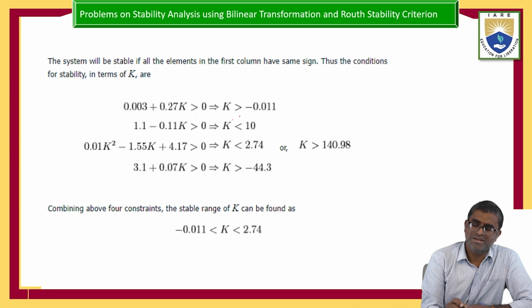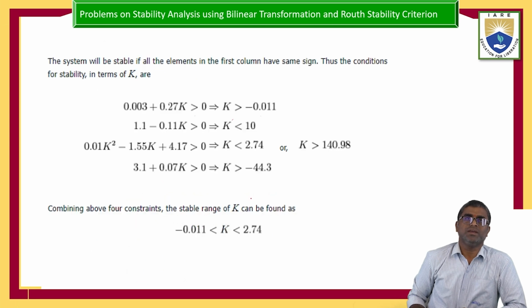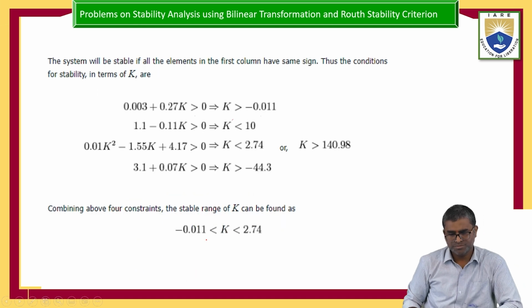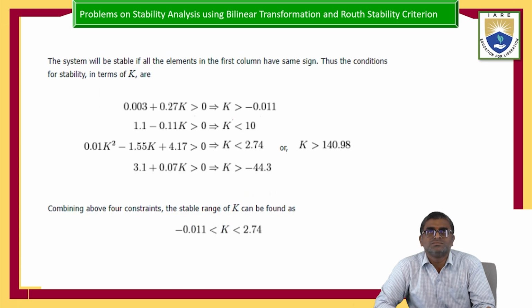For solving this one, K value is getting as minus 0.11. Next, the second one, 1.11 into 1.0.1K, greater than 0. So K value is getting as this part. The denominator part is going to be 0, so the denominator part is greater than 0.